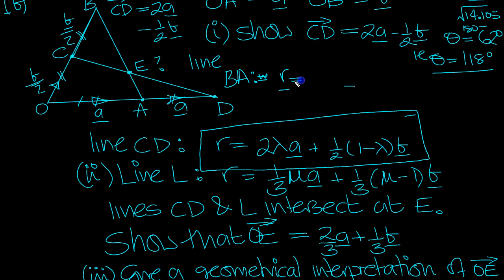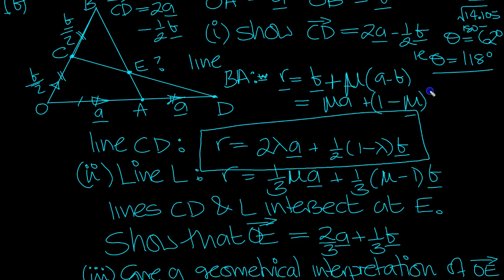R is equal to B plus mu times A minus B, which is equal to mu A plus 1 minus mu B. So there's our line for BA.